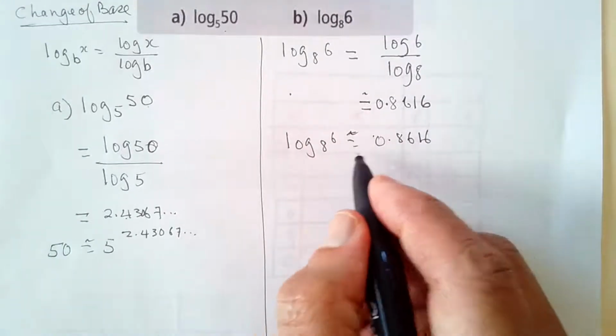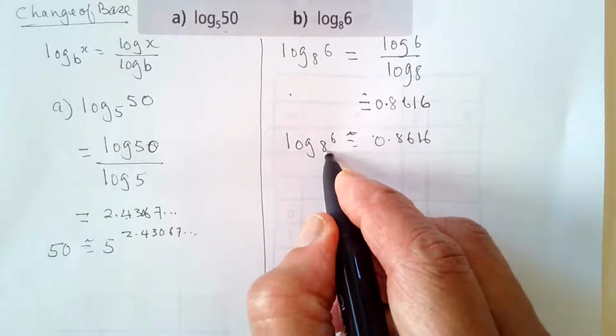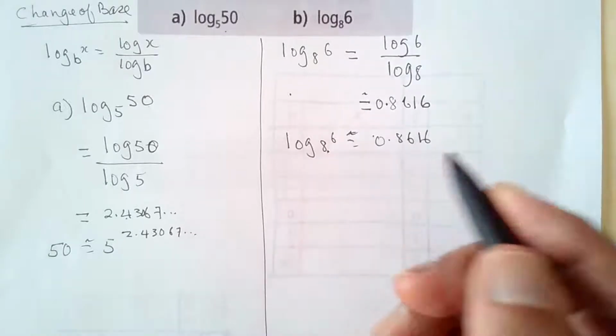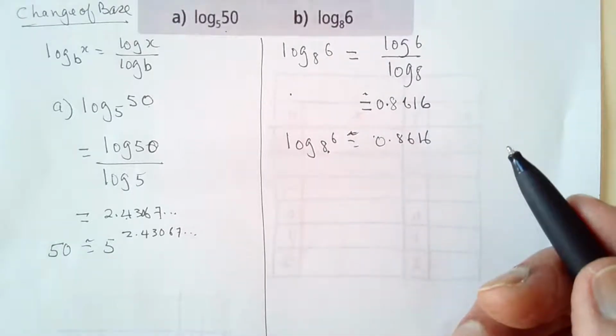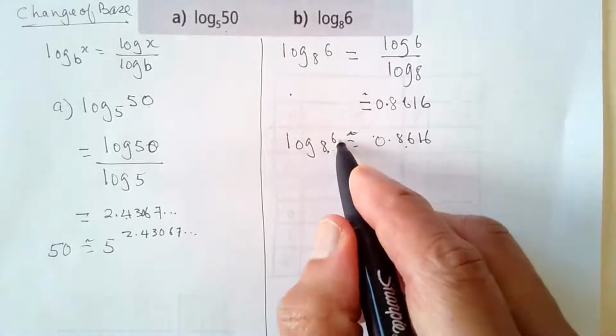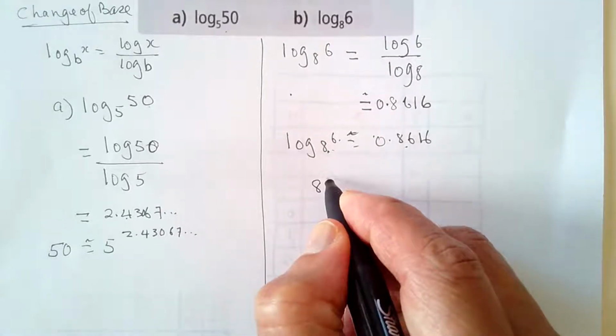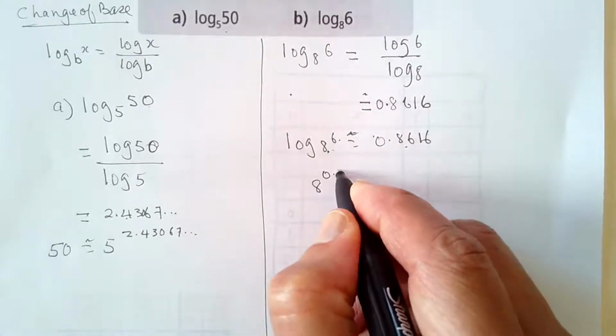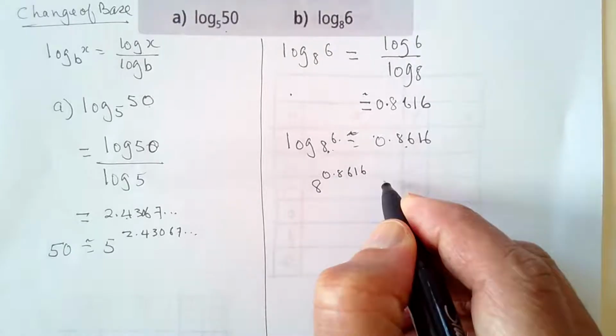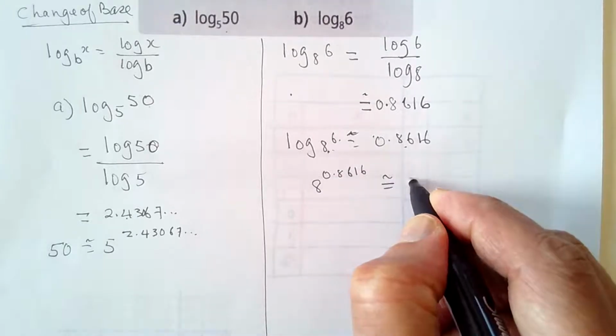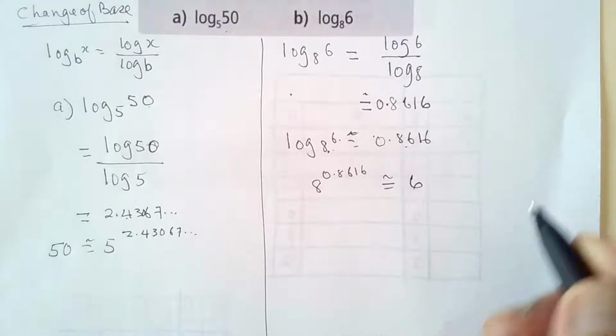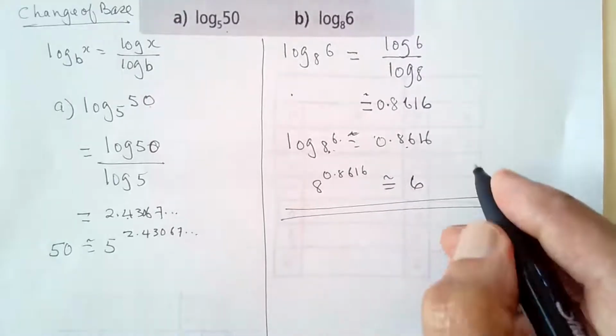We can write that in exponential form: 8 to the power 0.8616 is approximately 6. So that's an exponential form.